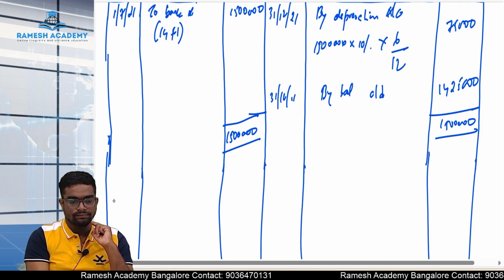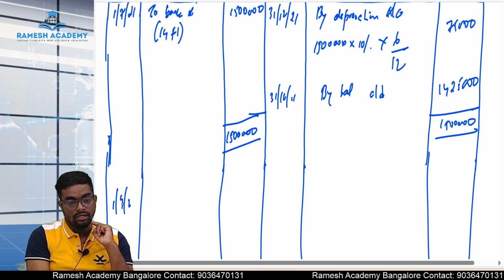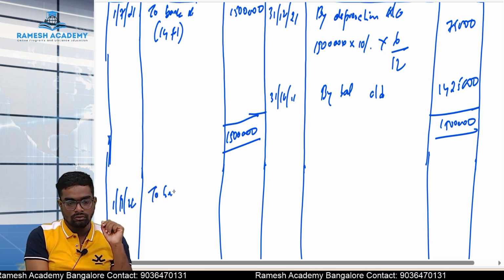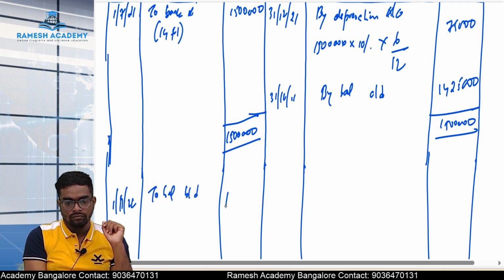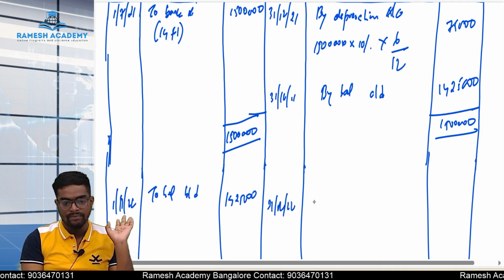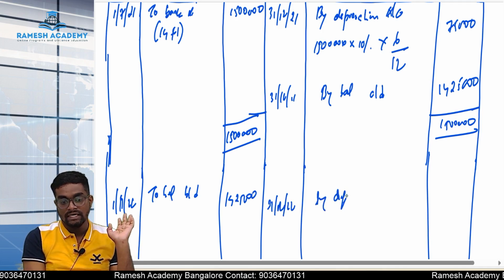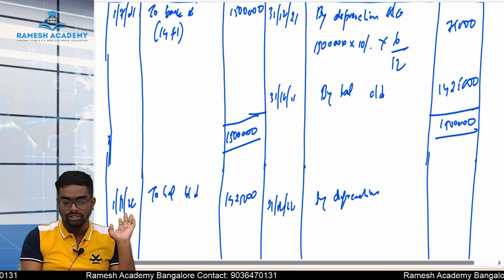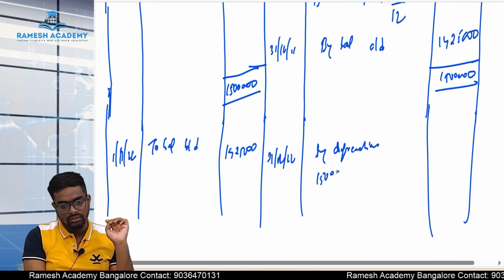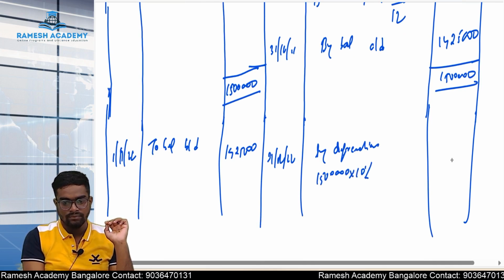Okay. Next, 1/1/22, next year. So balance brought down 14 lakh 25,000. Now 31st December 22, only full year depreciation I'll charge. Now here it will be 10% on the original amount, which is 15 lakh into 10%. That's what the question is telling, which is 1 lakh 50.